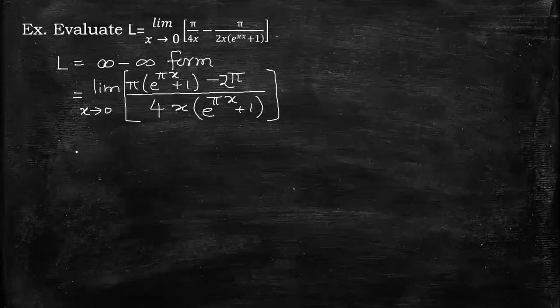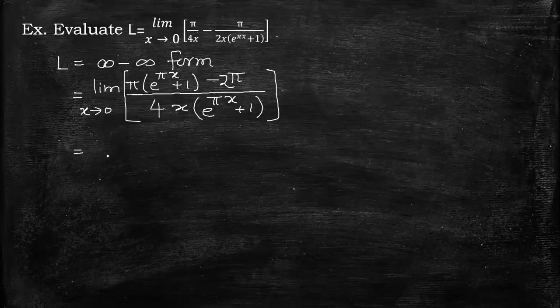Let me simplify this first, friends. From the numerator, pi will be common. I am directly taking it outside the limit because it is free from x and hence constant. From the denominator, 4 is constant outside. Let us simplify the numerator now.